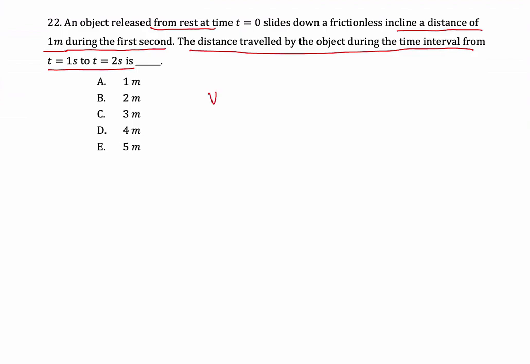Now we know that the v initial is 0, we know that the distance is 1, and we know that there is acceleration. And when we find this acceleration, probably we'll need to find the second distance with a different initial velocity that will be the final velocity of the previous motion.